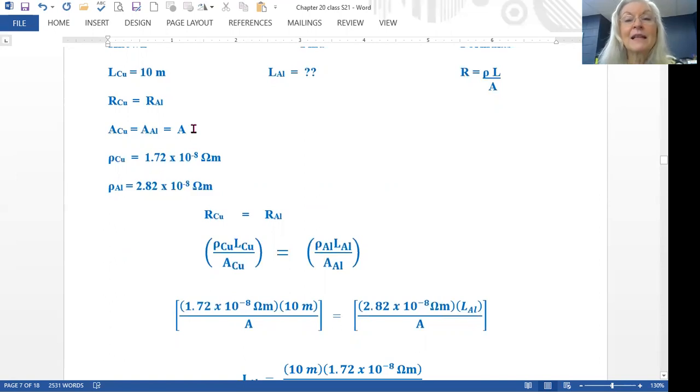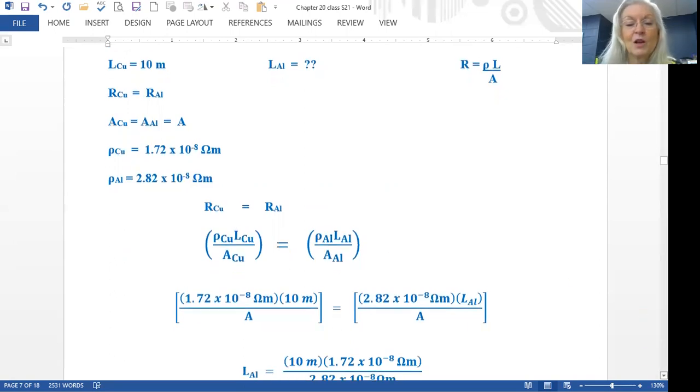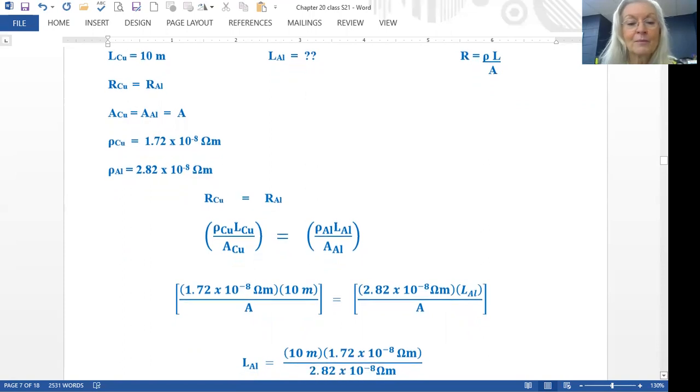In fact, because they didn't give it to us, if you wanted to say, let A equal 1 meter squared, that would be an enormous piece of wire and not very realistic, but it would make the math easy. If you wanted to do that, you could. I'm going to just leave it as A, and then we're going to cancel them. But if you want to turn it into a number, just make sure you define it and you say let, so I'll know you're making it up.